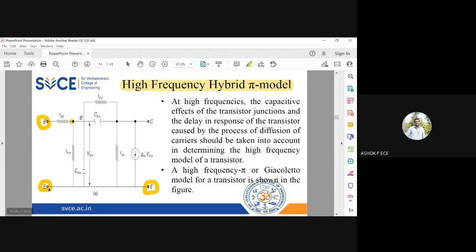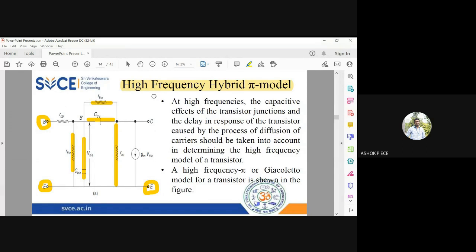Between B dash and E, you have r_b'e and C_b'e in parallel. Between B dash and collector, you have C_b'c and r_b'c in parallel. Between collector and emitter, you see r_ce. You will have one more capacitance C_ce, which is not very predominant, so I am omitting that. Otherwise, you would have three RC pairs between the three terminals.